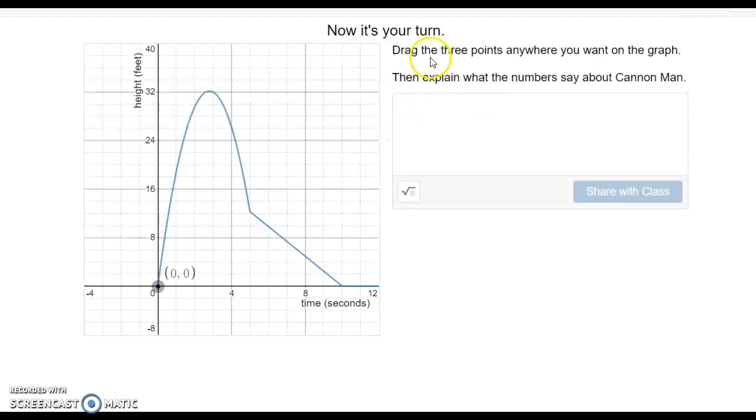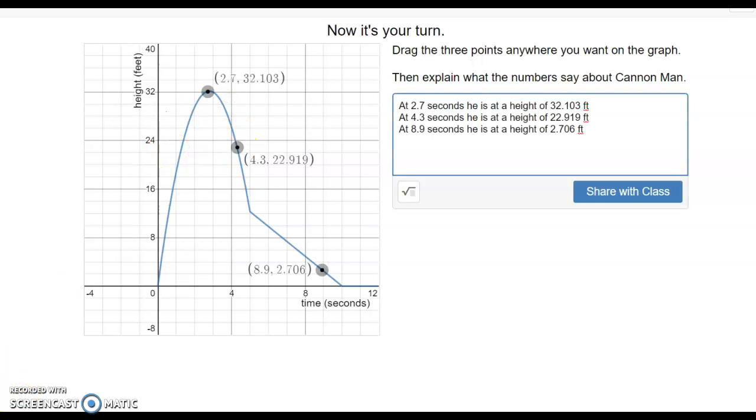So now we're going to drag the 3 points anywhere we want on the graph, and you're going to have to explain them. So take a second, move a couple of these points, and type in what each of those numbers mean. So I dragged my 3 points randomly somewhere. Yours don't have to match mine, but what does need to match is which one is seconds and which one is height.